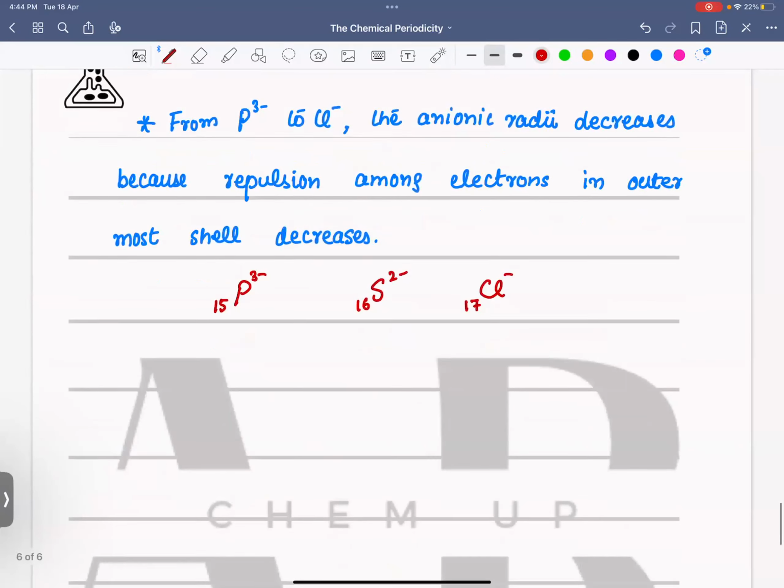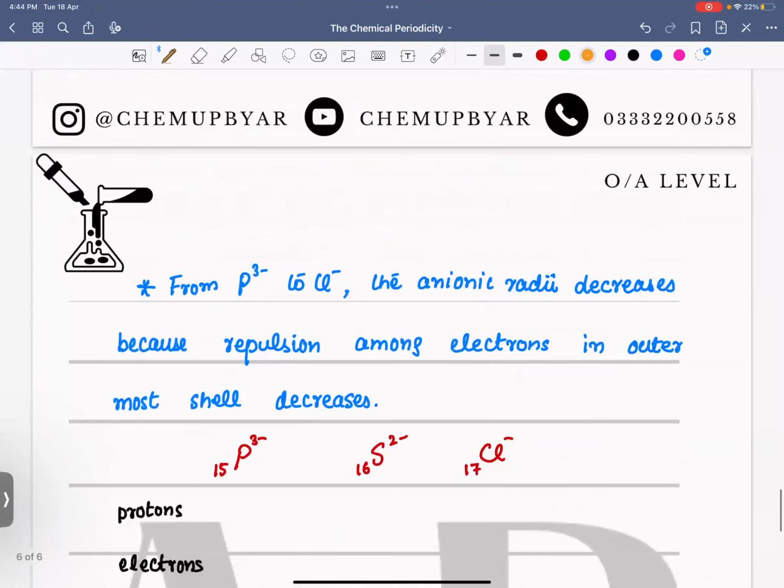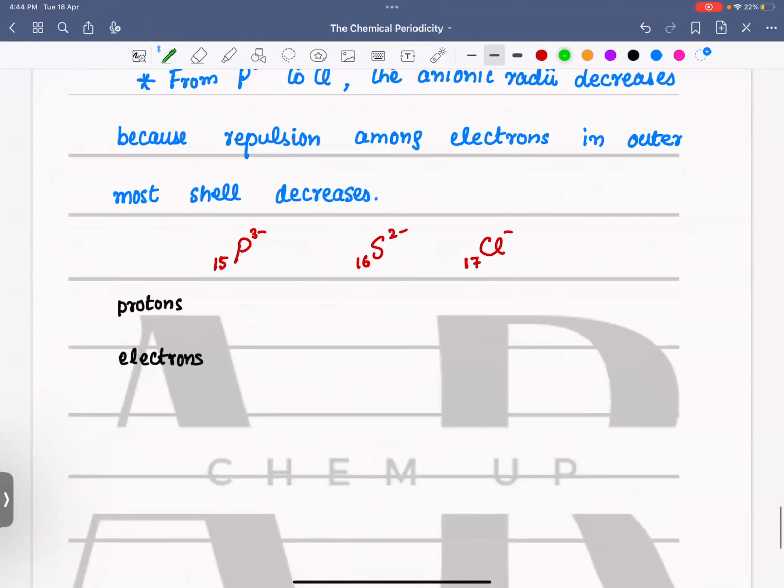So if we look at the protons and then electrons in all the ions, here you have 15 protons, 15 positive charge. Here you have 16 protons, so 16 positive charge, and here you have 17 protons, so 17 positive charge. 3 negative is indicating that it has 18 electrons.